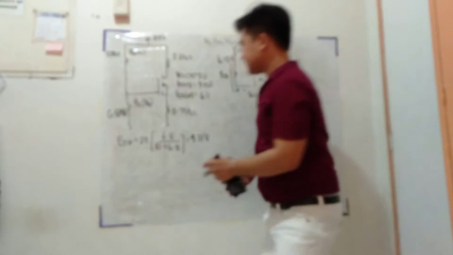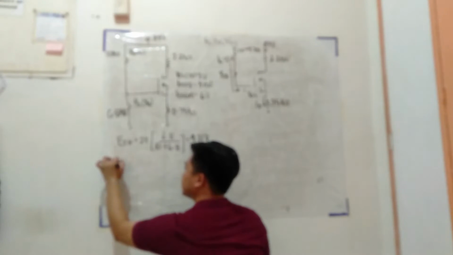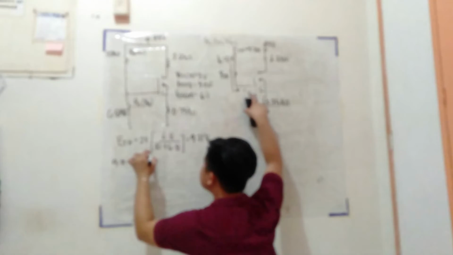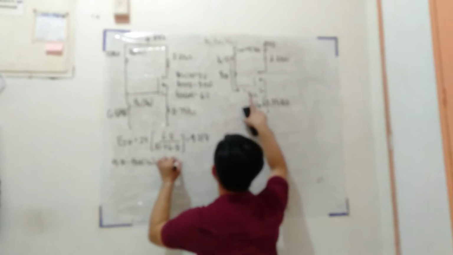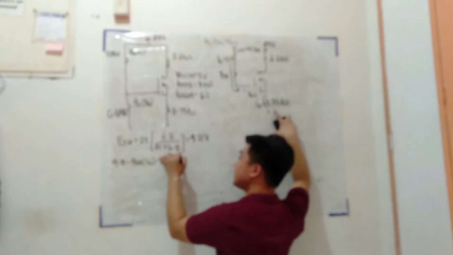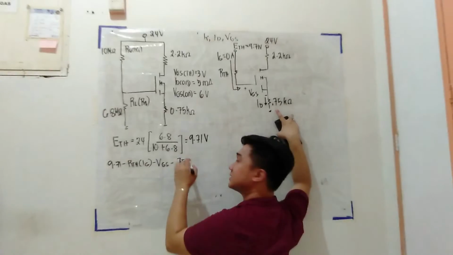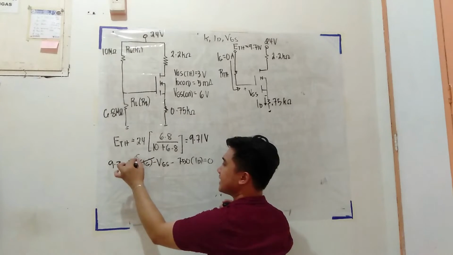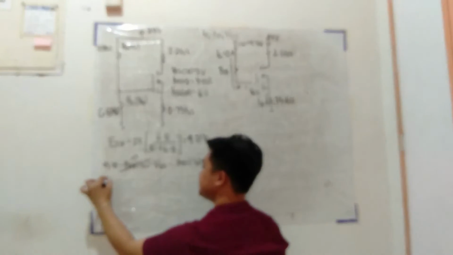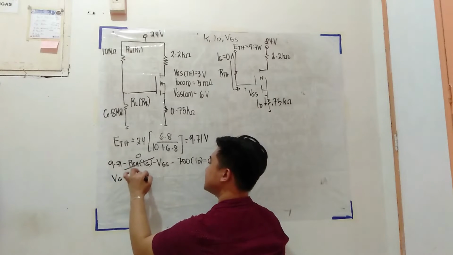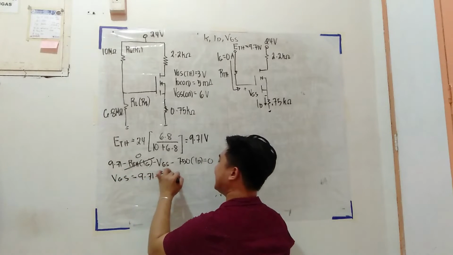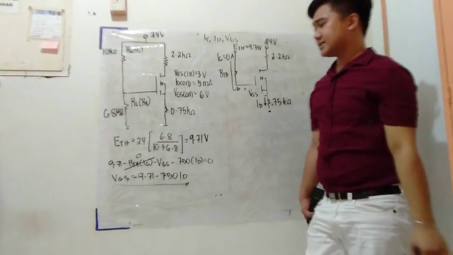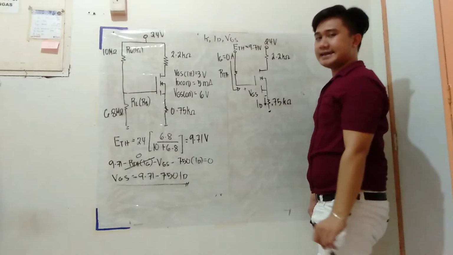So, that's 9.71 minus RTH times IG, minus VGS, minus, di ba ang 0.75 kilo ohms ay 750 ohms times ID, equals 0. Isi-zero ko na to kasi IG is 0 nga po. So VGS ay equal lang sa 9.71 minus 750 ID. So may equation na po ako for VGS. Isunod ko naman si K.